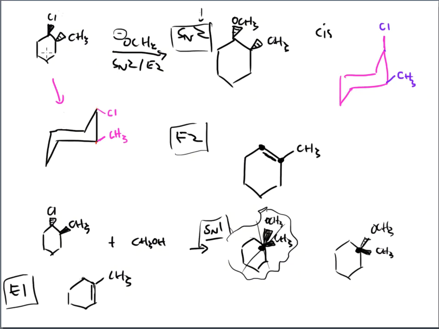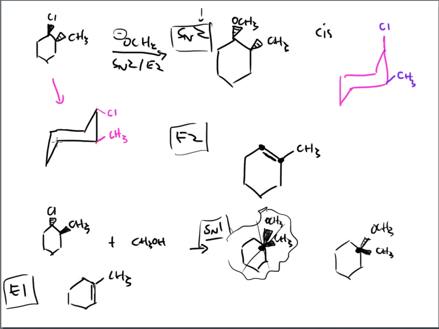So when we did this problem, up here at the very top, that's kind of how we started it. It didn't really matter which one was axial and which was equatorial, because they wanted you to show the elimination product. But they wanted us to assume that because elimination happened, that chlorine had to be on an axial bond. But look at what I did here in the front.